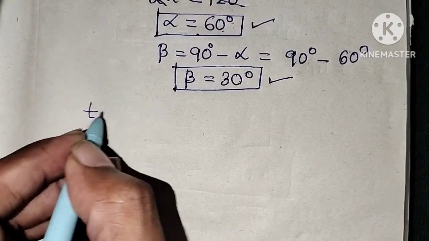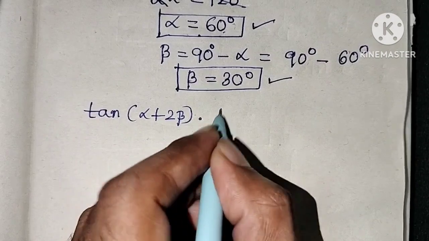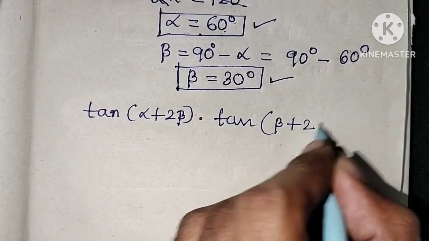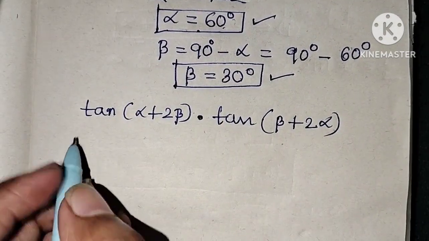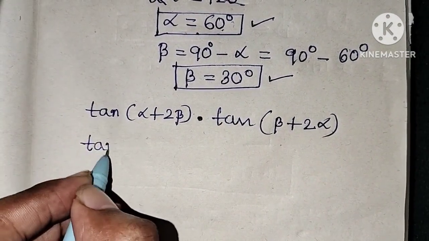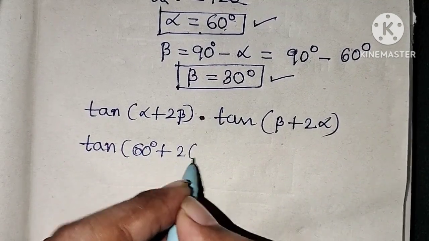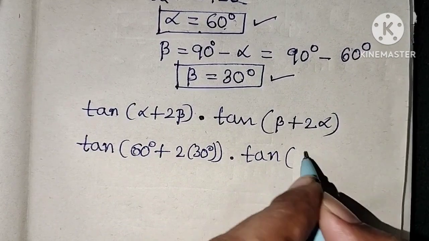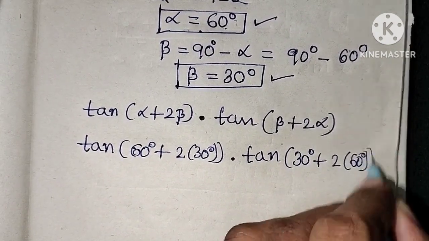Here we have to find the value of tan(α+2β) into tan(2α+β). So substitute the values. tan(α+2β), α is 60 degrees plus 2 into β, 30 degrees, into tan(β+2α), β is 30 degrees plus 2 into α, 60 degrees.